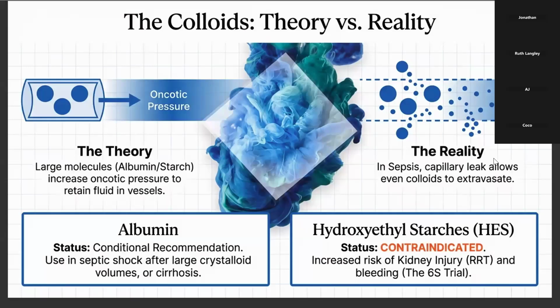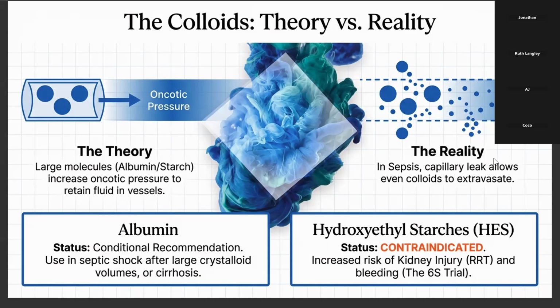Colloids. Colloids is something that we use very occasionally. There's lots of debate about the use of colloids. There is some argument that using too much colloid can lead to earlier acute kidney injury. But what is the point of a colloid? Okay, we give fluid to take fluid off the patient. How does that make any sense? Right, you've got large molecules like albumin traveling through the bloodstream.